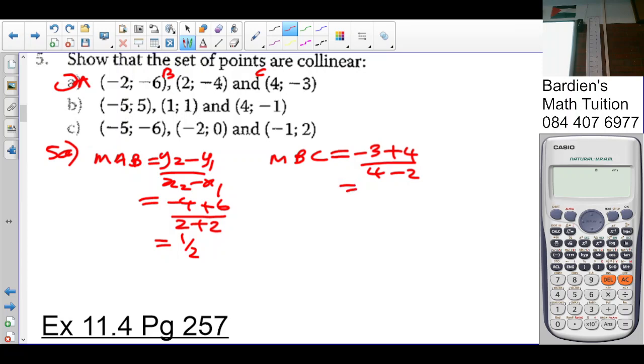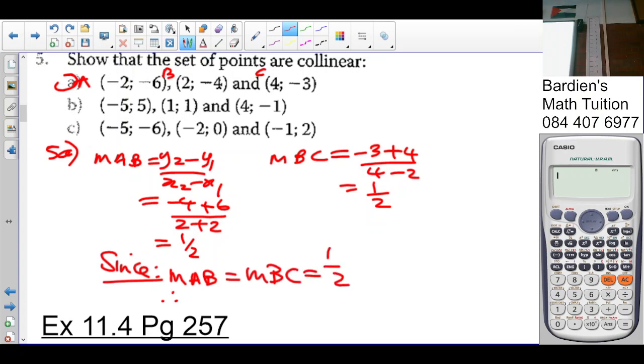Or you could have said minus 4 minus minus 3 and 2 minus 4, which gives you the same answer. That gives you 1 over 2. Are they the same? Yes. So we conclude: since the gradient of AB is equal to the gradient of BC, which is equal to half, therefore A, B, and C are collinear.